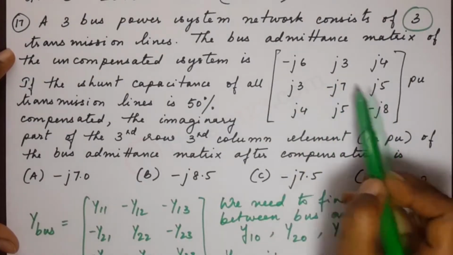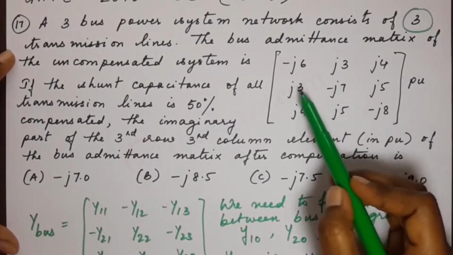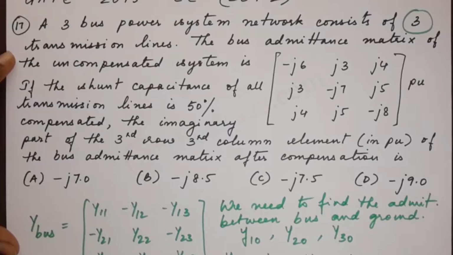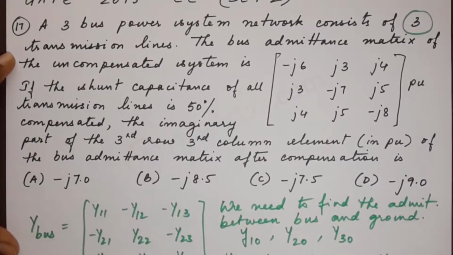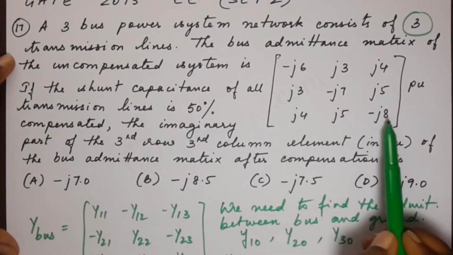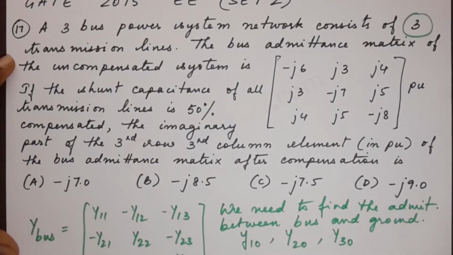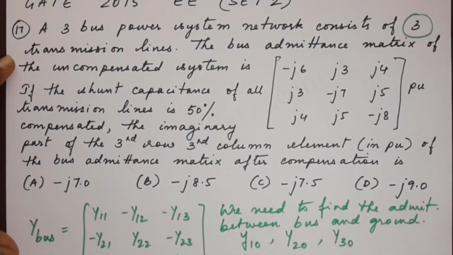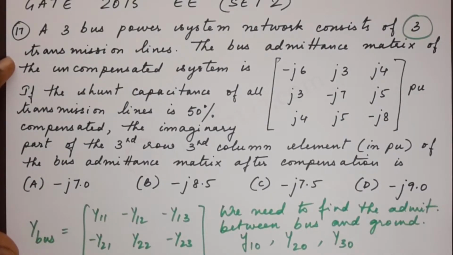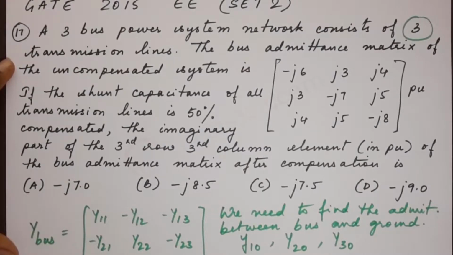Similarly, add the elements of the second row to get the value of Y20. That's 3 minus 7 plus 5, and that will give you J1. Similarly, Y30 you will obtain by adding the elements of the third row. That's 4 plus 5 minus 8, which gives us again J1. I hope that is clear. So far we have found the admittance between the bus and the ground. So the first step is done.